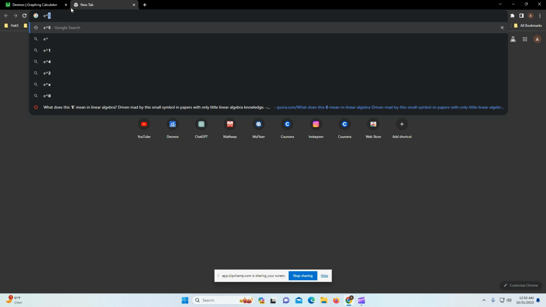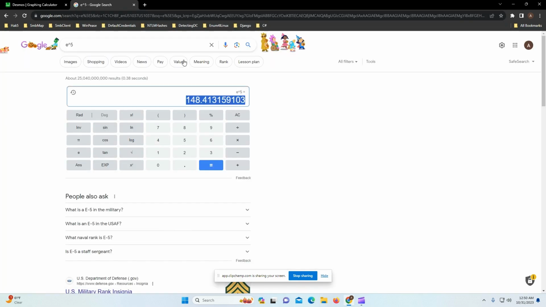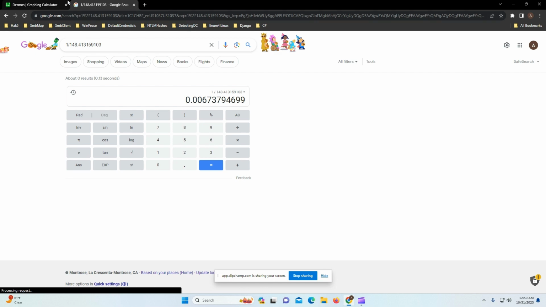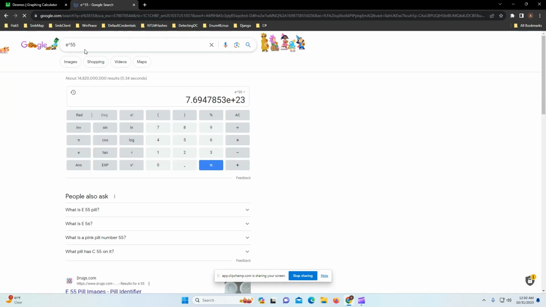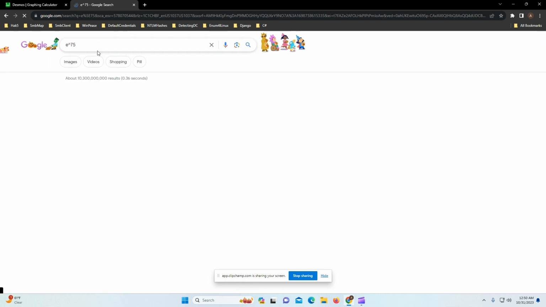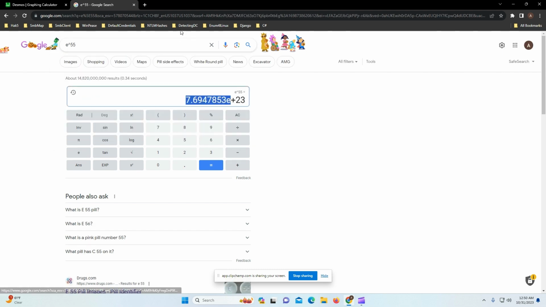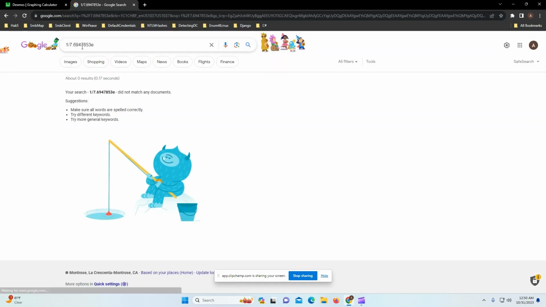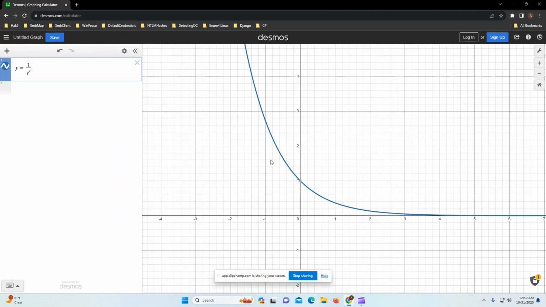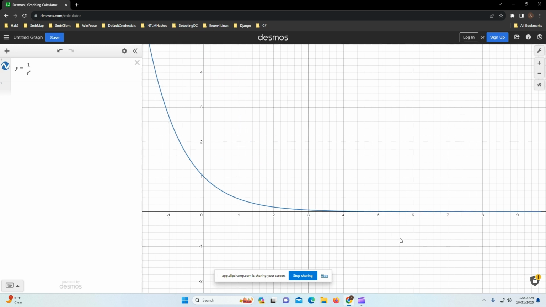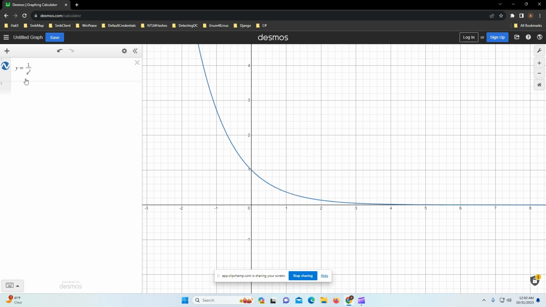So if I do e to the power of like 5 and I do 1 divided by that number, you see it's going to keep going down and down. And if I do a much larger exponent, like 50 or 55, and I do 1 divided by that number, well, it's not going to show anything, but we're going to approach 0 pretty much, because it's going to divide 1 by that number over and over again. It's going to get smaller, and we're going to infinitely be at 0.